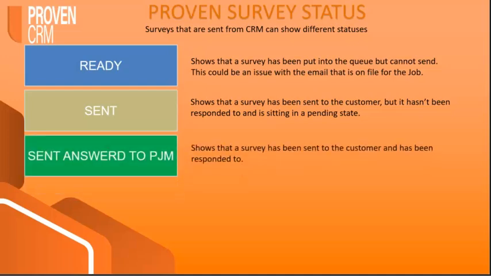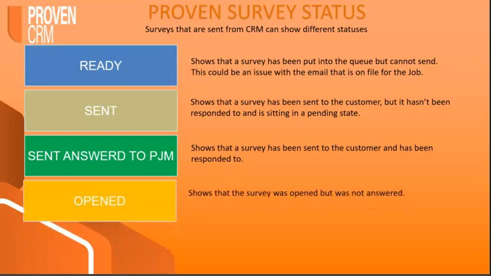Sent answered to PJM shows that a survey has been sent to the customer and has been responded to. Opened shows that the survey was opened but was not answered.